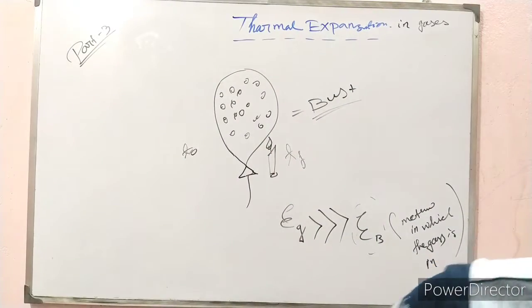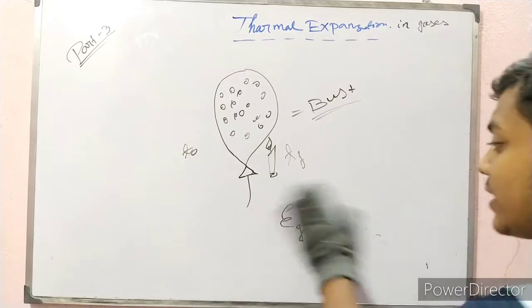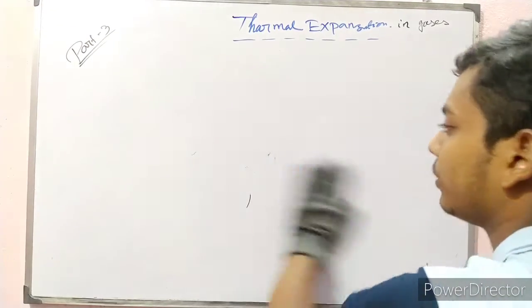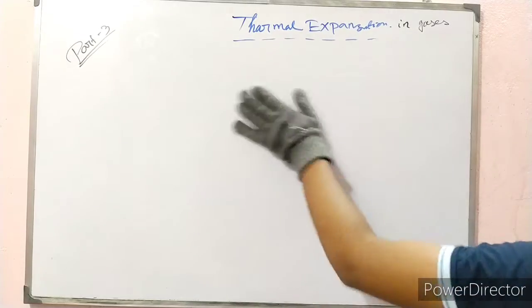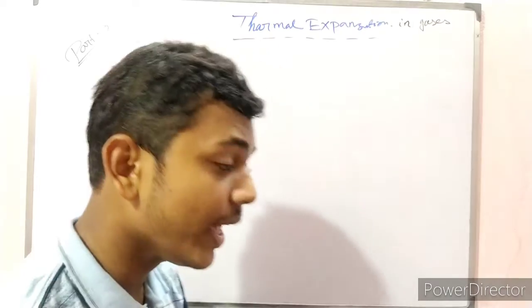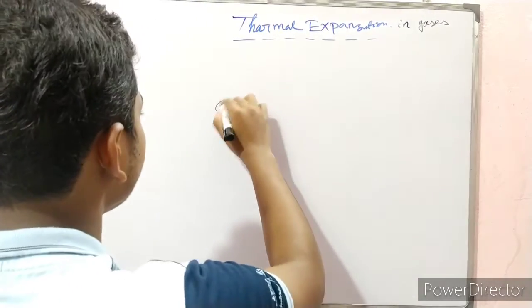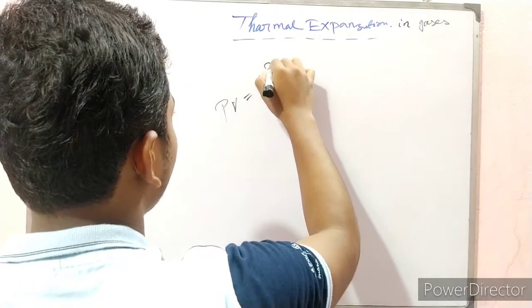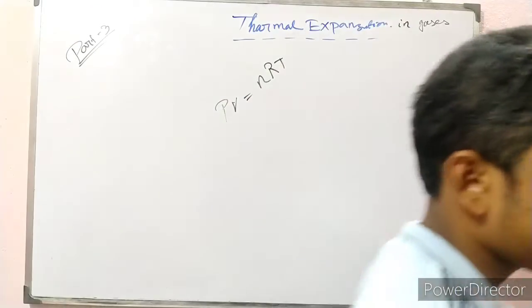Now we're going to see Charles' law. Everyone can read this in the kinetic theory of gases. Here we know the equation PV equals nRT, that is the ideal gas equation.